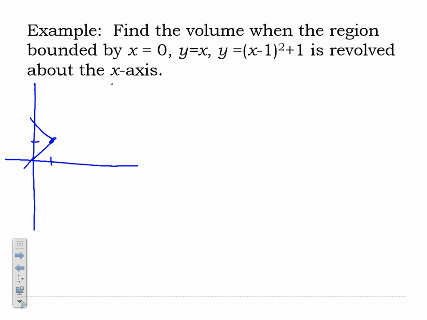So there is our region, okay? And what we are going to do is rotate it about the x-axis. So what we're going to get is something like this.